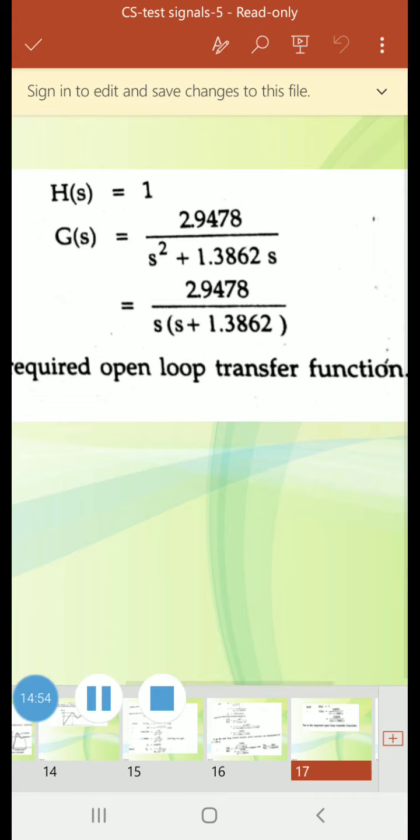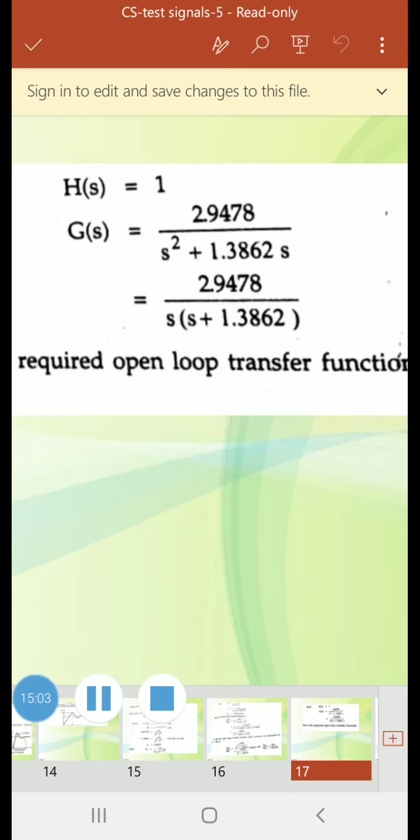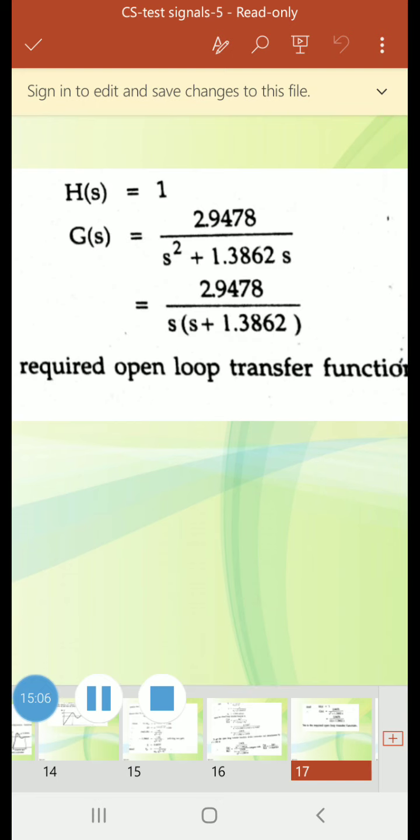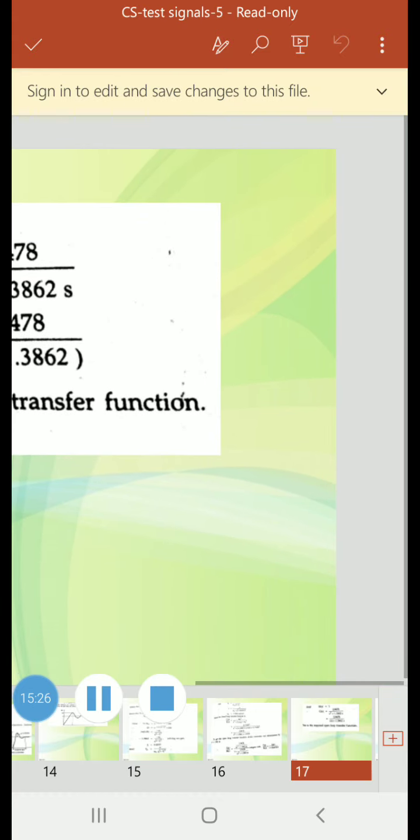G of S we can write what is in the numerator, and it is same here, 2.9478 by S square plus 1.3862 S. So it becomes 2.9478 by S into bracket S plus 1.3862. S is taken common. So this is the required open loop transfer function.